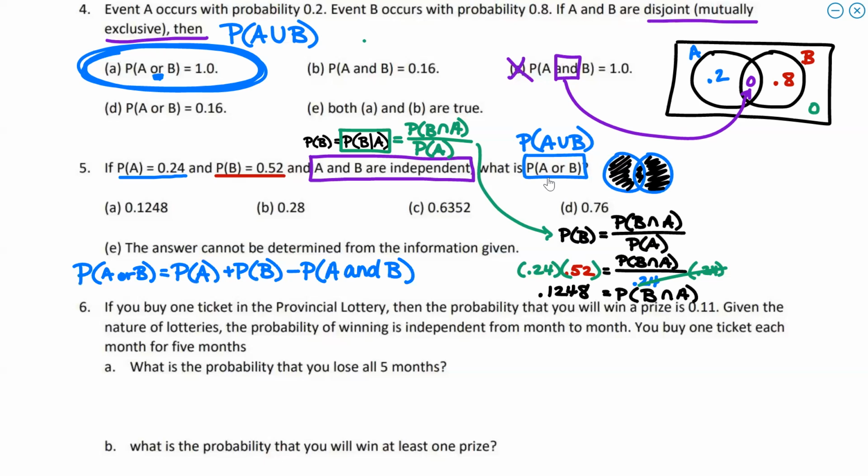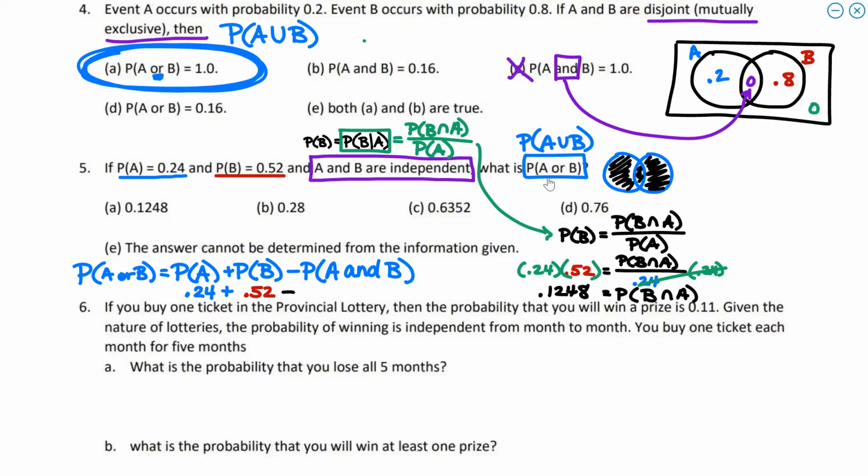You guys have told me before that the probability of A is 0.24. What's the probability of B? 0.52, but then we have to subtract out what we've double counted. That's what we calculated over here, and we had the ability to calculate it because they told us it was independent.